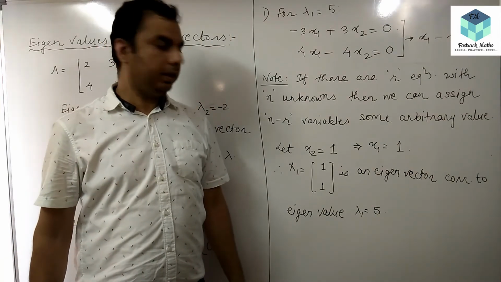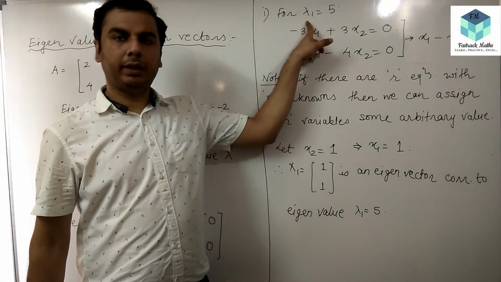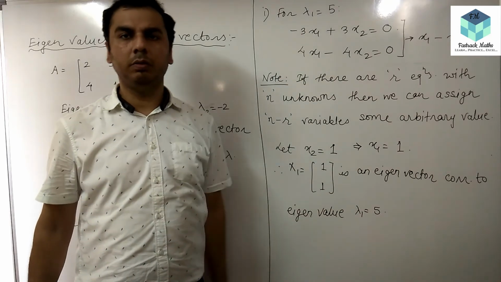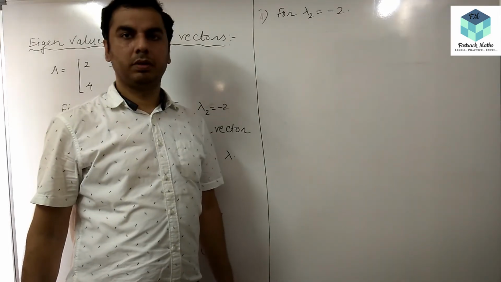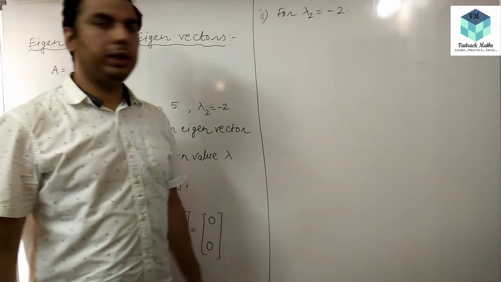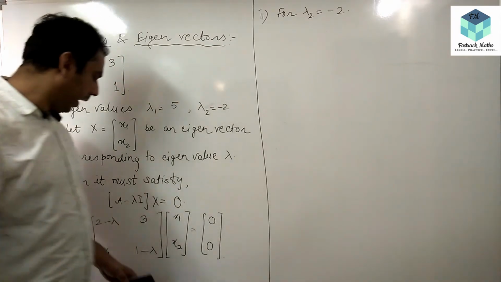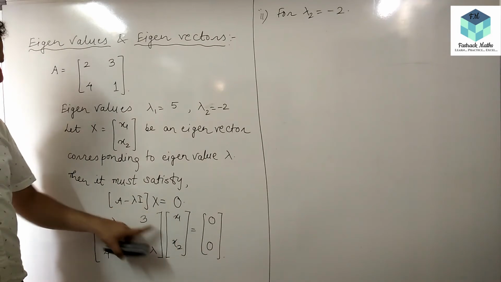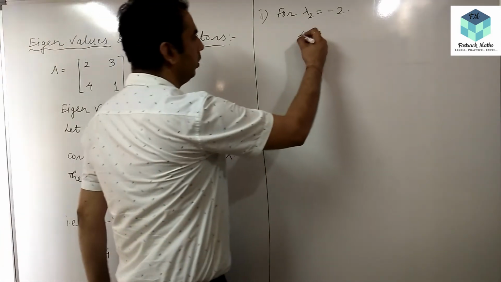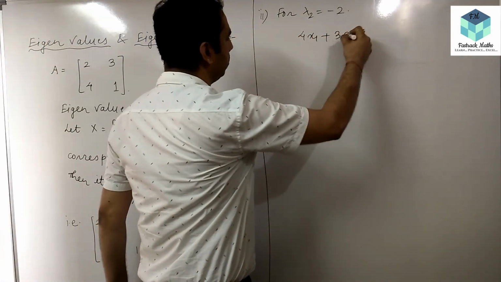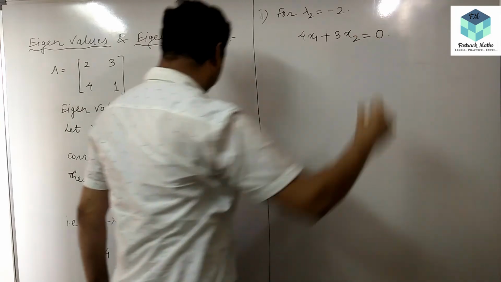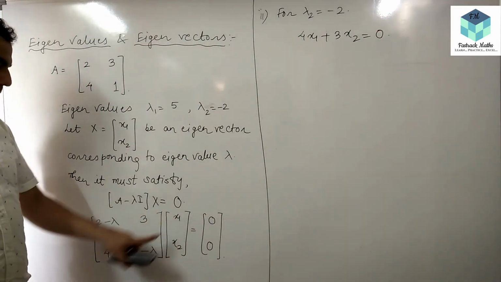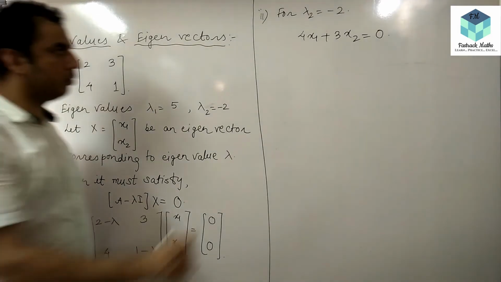In a similar manner, we will obtain an eigenvector for lambda 2 is equal to minus 2. For lambda 2 is equal to minus 2, we have 2 plus 2, which is 4, so 4x1 plus 3x2 is equal to 0, and 4x1 again plus 3x2 is equal to 0.